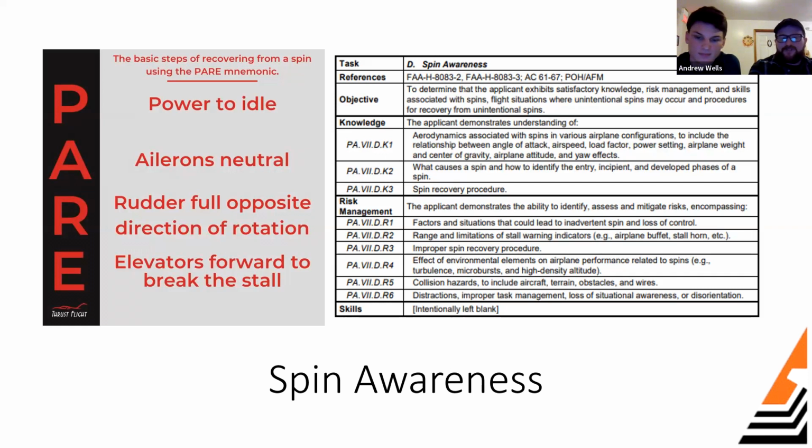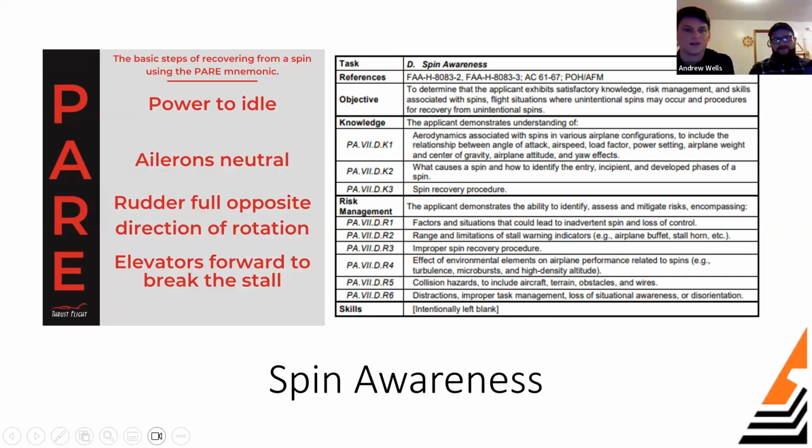So they want you to know that acronym, PARE: Power to idle, ailerons neutral, rudder opposite of the spin, and then elevators, you might need to push forward to break the stall. And then pull out of it, to get that nose away from the ground. And they just want to know the factors, the situations that could lead to that, like a power on stall not being coordinated and all of that.